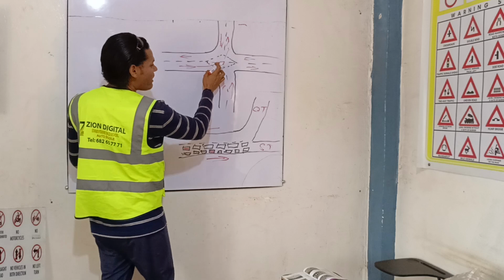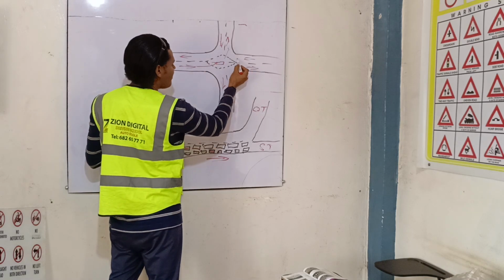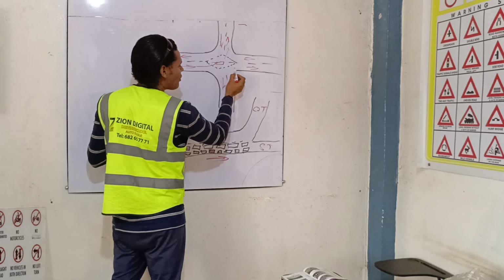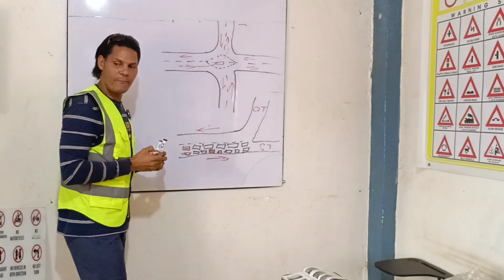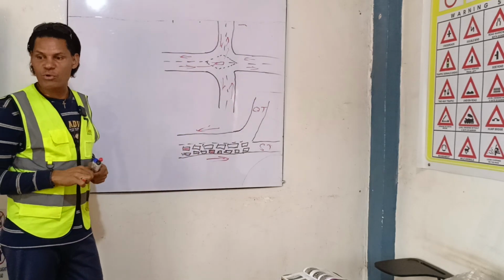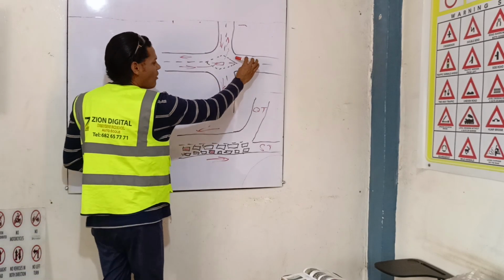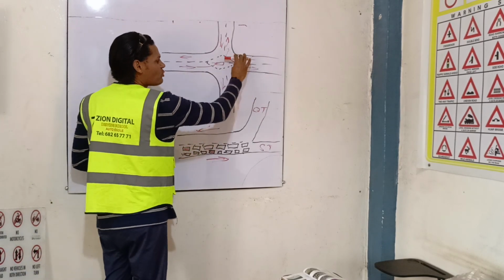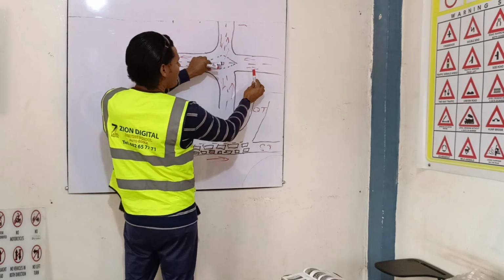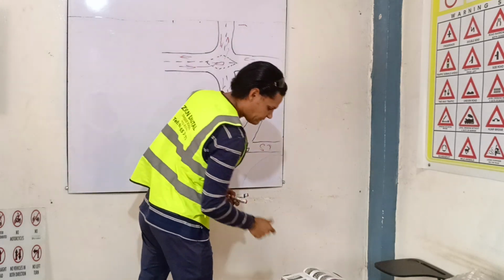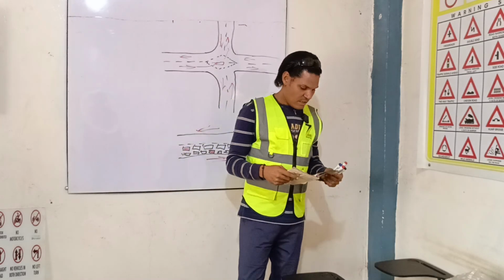But now, waiting here, what happens? You have not disturbed the flow of traffic going down, and you have not disturbed the flow of traffic going up. It's a temporary place where you can wait, so that maybe if there's a car coming down, you cannot go, because the two of you will meet. So you wait here, the car goes down, and then you turn. That's what is called the waiting lane.